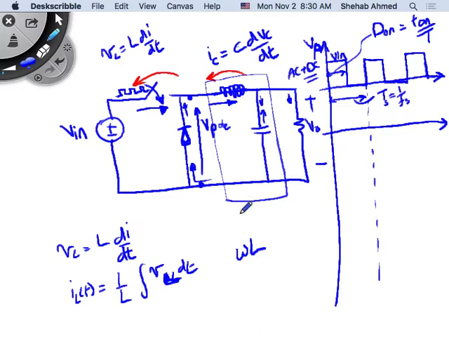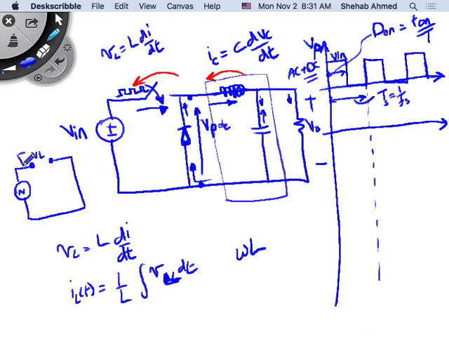If you have any AC component, then this inductor looks like an open circuit, right? Inductor looks like an open circuit, and the capacitor looks like a short circuit to the AC component, right? So all the AC component will be, okay, what's the voltage across the inductor now? The AC component, right? So all the AC component will be across the inductor, right?